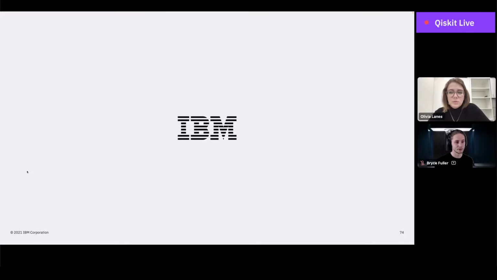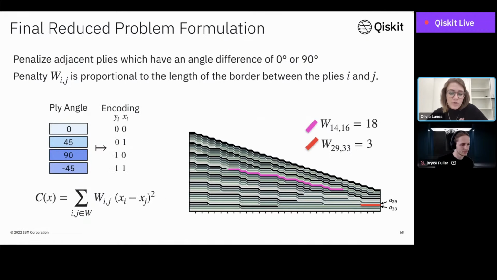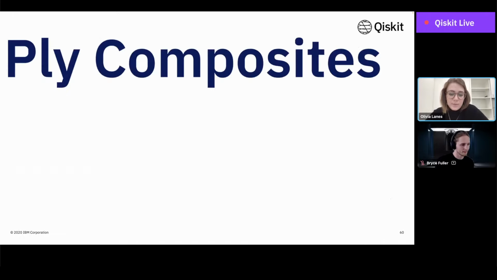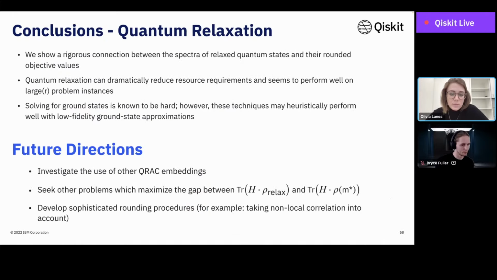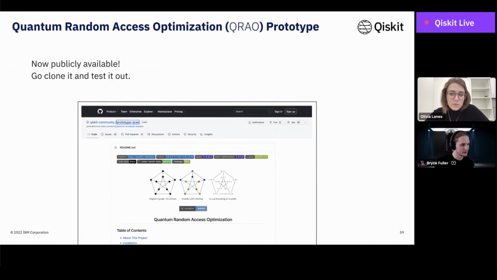All the code that I used for this paper has been polished and put into that prototype, and it's very extensible to implement your own rounding solutions and things like that. If we have a link, we could share it in the chat, or put it in the description too, if anybody's interested. I can send a link. But if you just Google prototype-QAOA, it's in the Qiskit community repo.